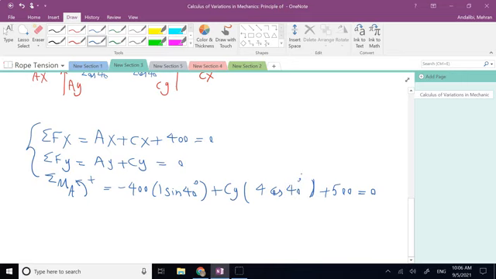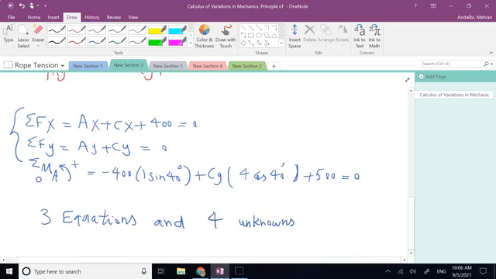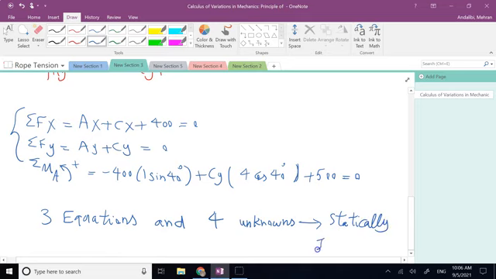So clearly you see I have three equations and 4 unknowns. So the problem is what we call statically indeterminate. Means using the static equations we cannot find all of the unknowns, right?